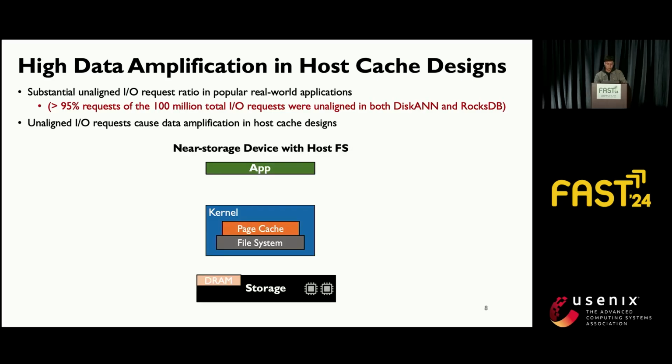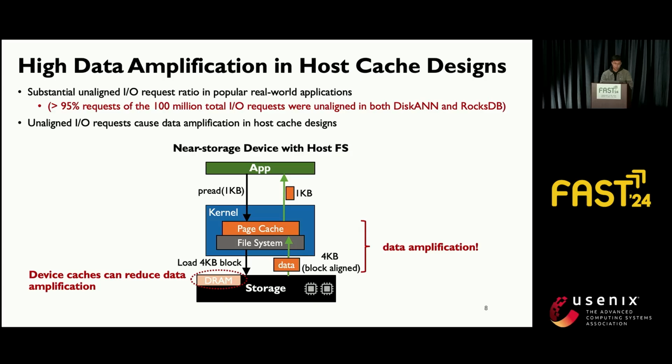To make it clearer, here is one example. The application tries to read 1 KB of data, and the cache misses in the page cache. It needs to load a 4 KB data block from storage to the page cache, and return 1 KB of data back to the application. So there is high data amplification between the host and device. We found that the device cache can help reduce this kind of data amplification.